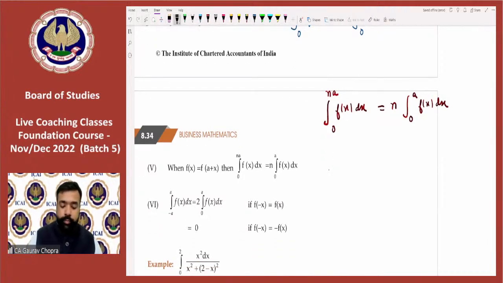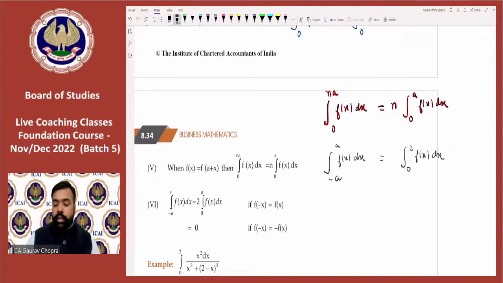Then the next one: if the limit is from negative a to positive a, the values are the same but with different sign, one negative and the other positive. Then we can change the limit to from 0 to a, write the function, and at last multiply by 2.